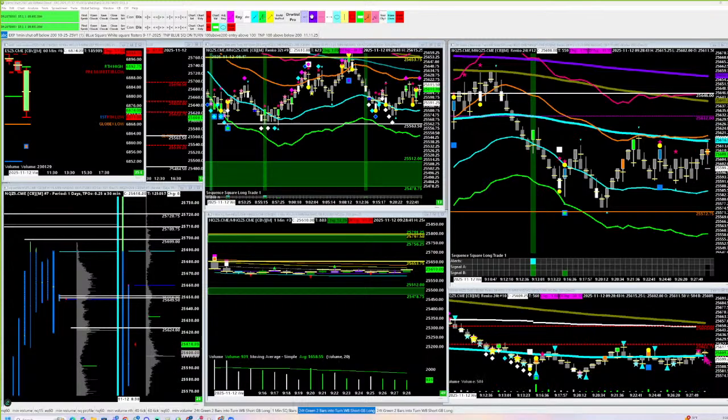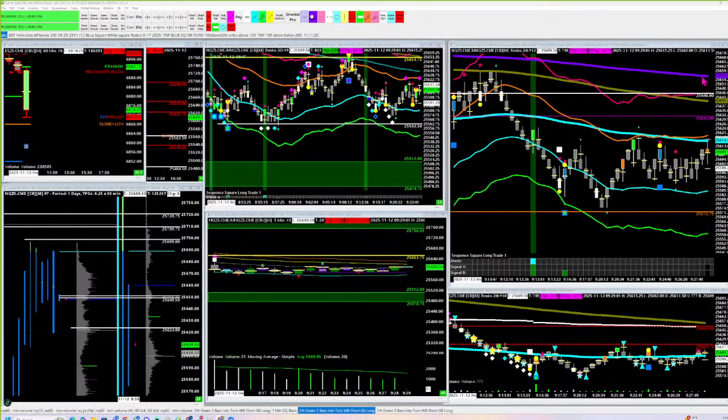There's your cup. There's your handle. Cup, handle. And trying to short against percent is just nuts.